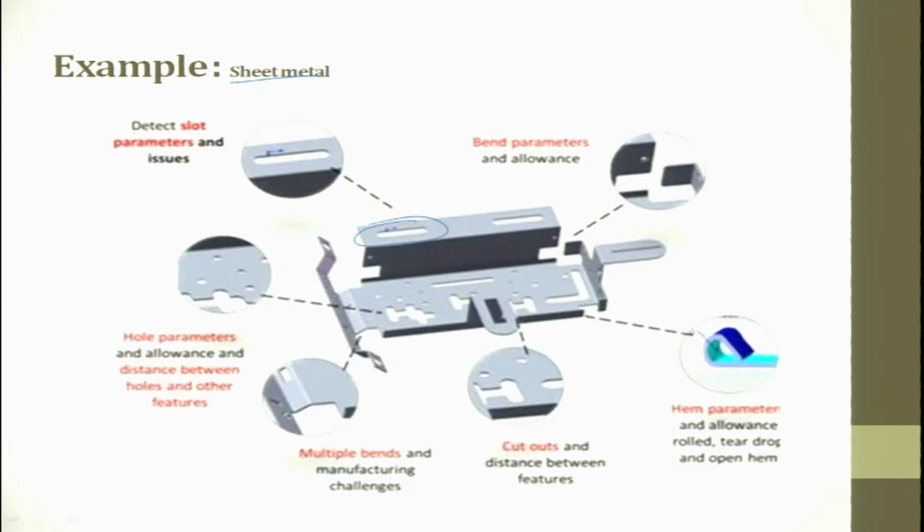This plays a very important role. Then multiple bends, you can see multiple bends and manufacturing challenges, cutoff and distance between the features, then hem parameters. Hem is nothing but bending of the edge, with allowances: rolled, tear drop and open hem. These are some of the parameters or issues attached to a sheet metal part, and here we have put multiple bending, hemming parts, bending parameters, etc.